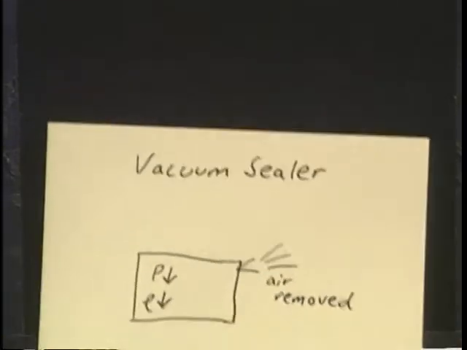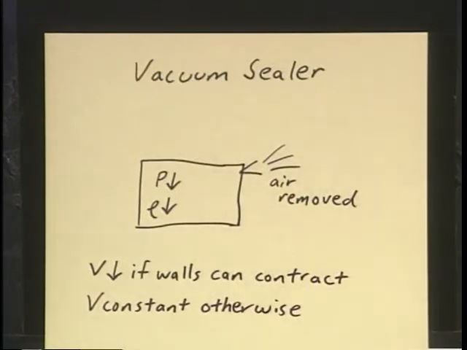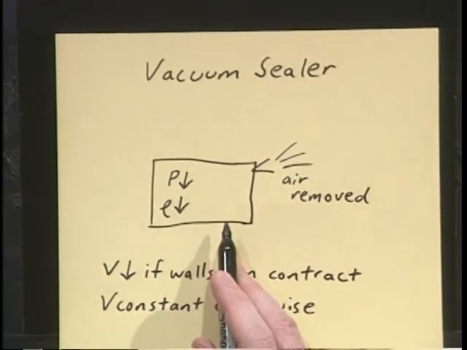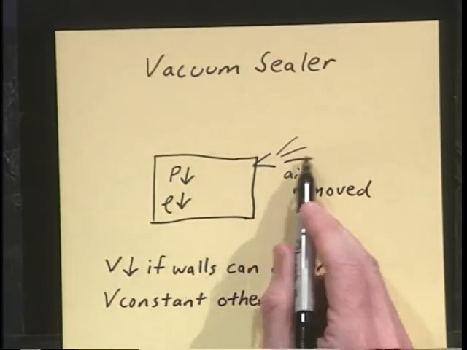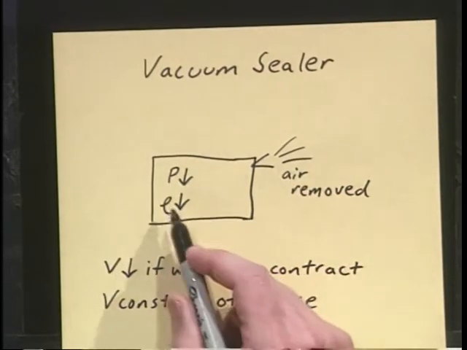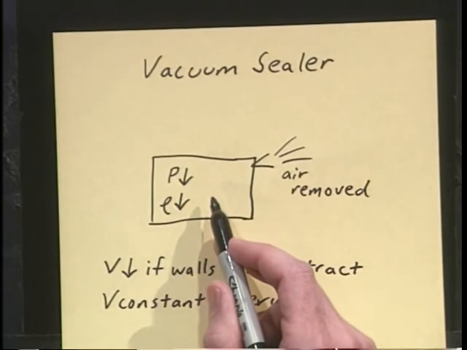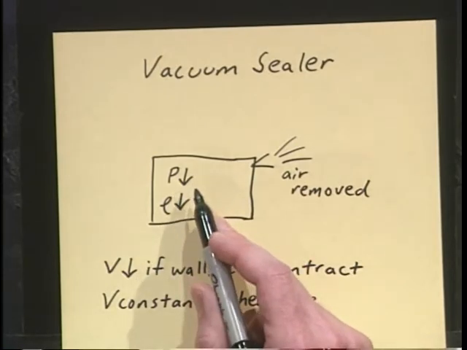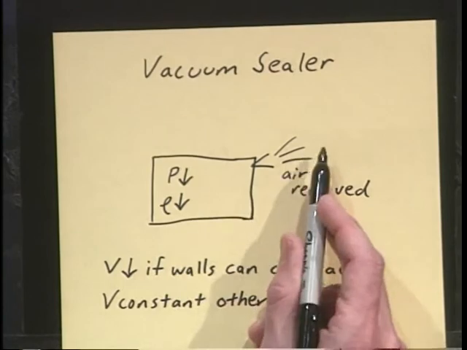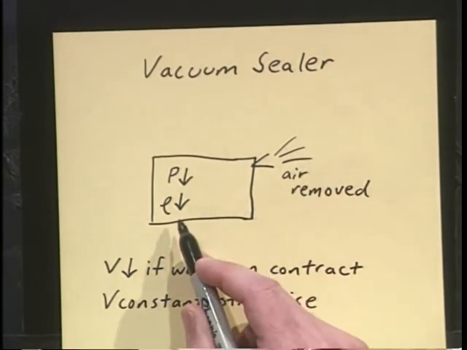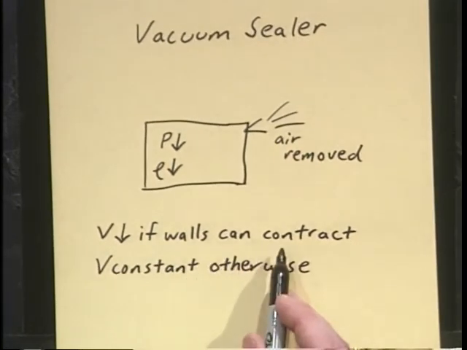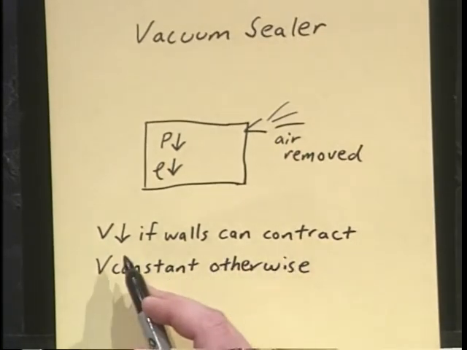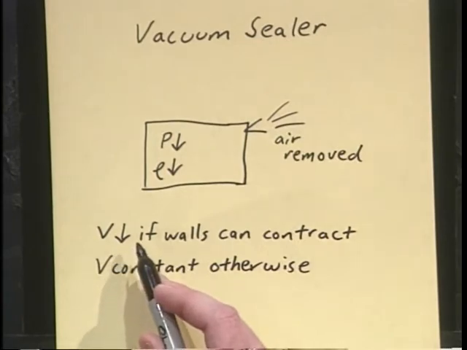And another example is that of a vacuum sealer. Suppose that we have a confined space here, and we take a pump that's going to remove the air from inside this confined space. When that is done, the pressure is going to go down, and since mass is being removed, the density is also going to go down. If the walls can contract, then the volume is also going to go down.